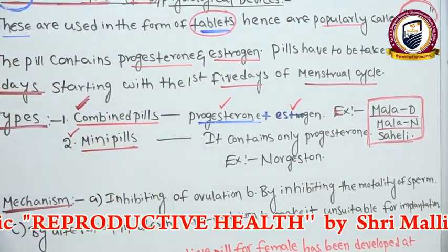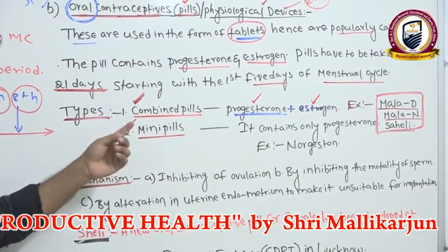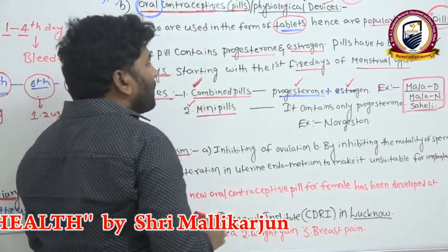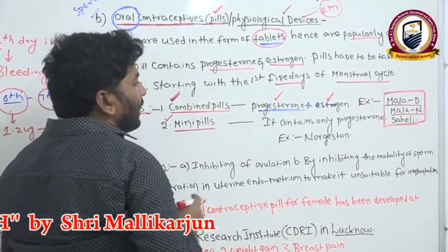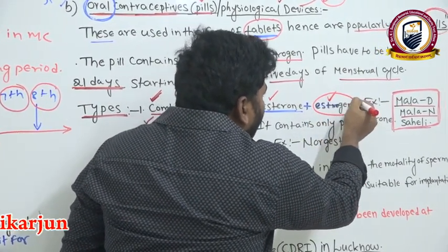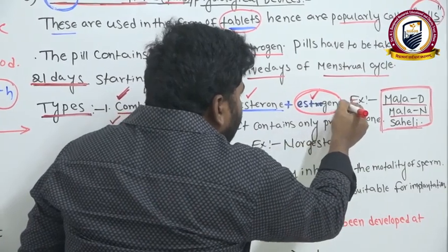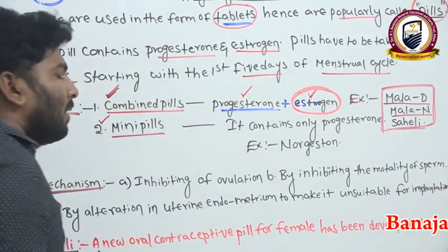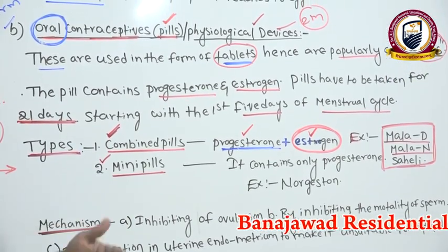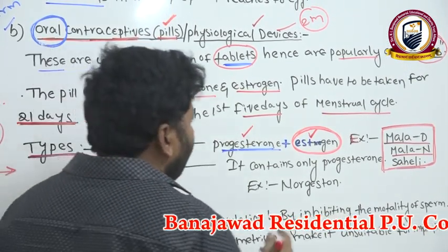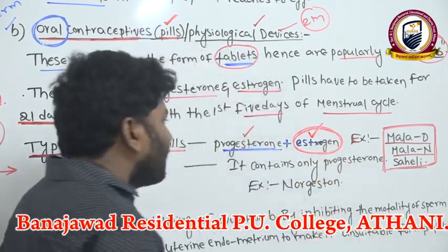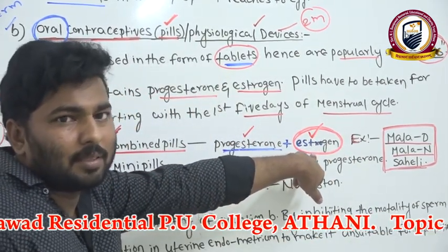Why are they not using combined pills continuously? Why did they start manufacturing mini pills again? Because combined pills have one disadvantage: the estrogen hormone causes breast cancer. In recent research, scientists found this disadvantage, the causing of breast cancer.